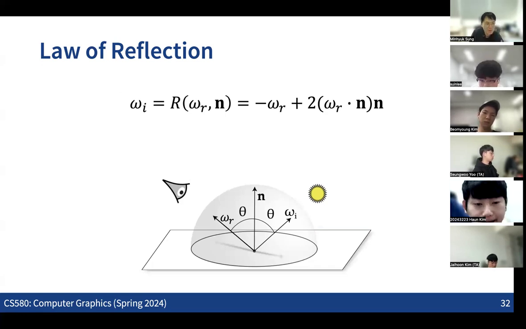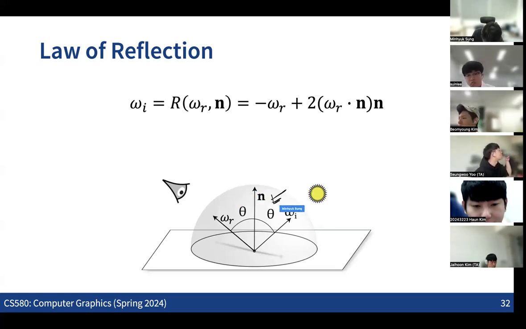This is something we could learn in high school: the angle of incidence and the angle of reflection, both defined with respect to the surface normal, are exactly the same for the elevation. So this is simply the law of reflection.